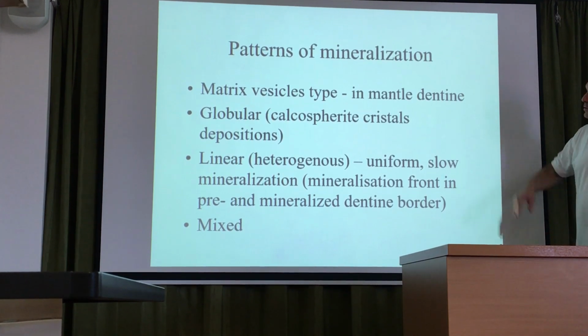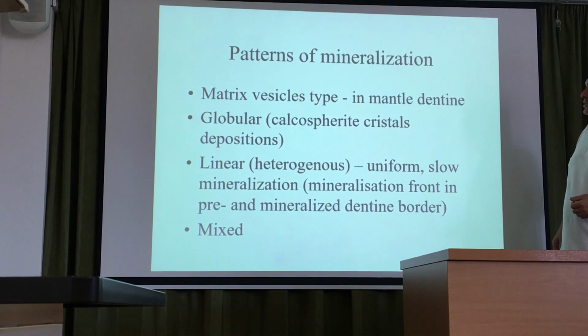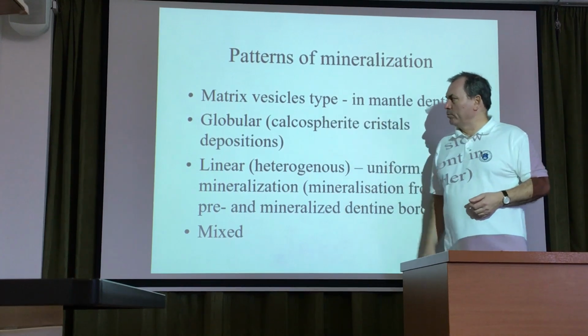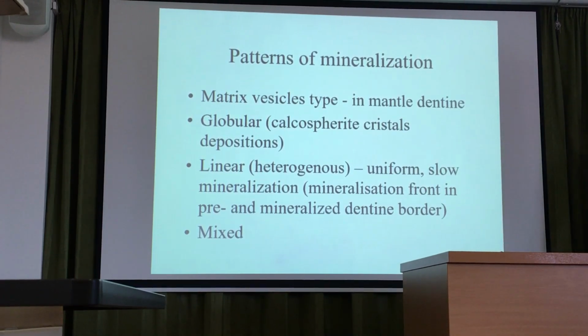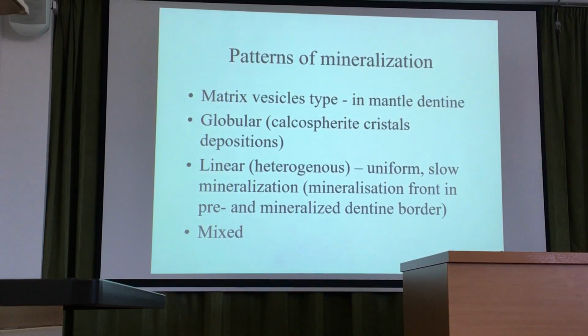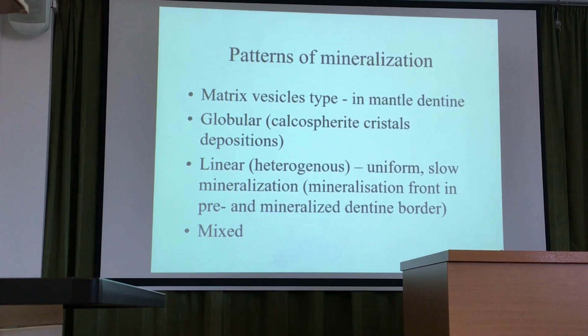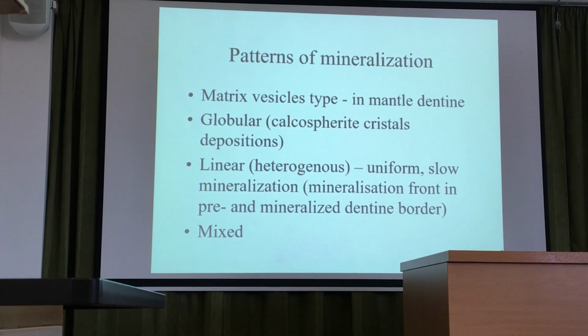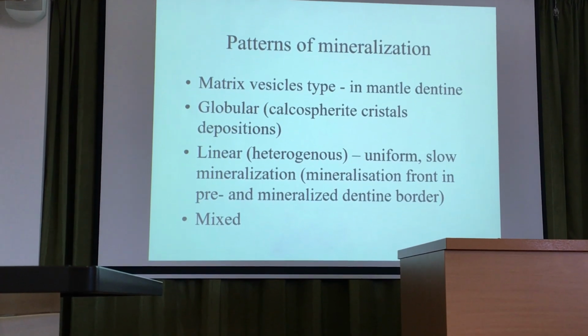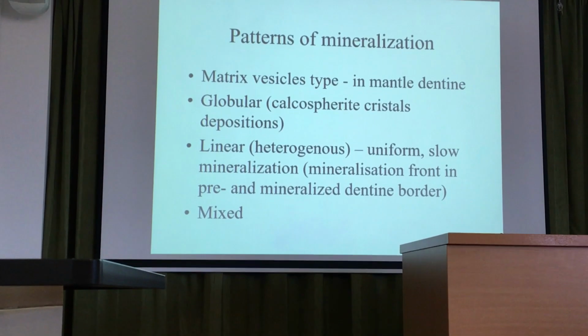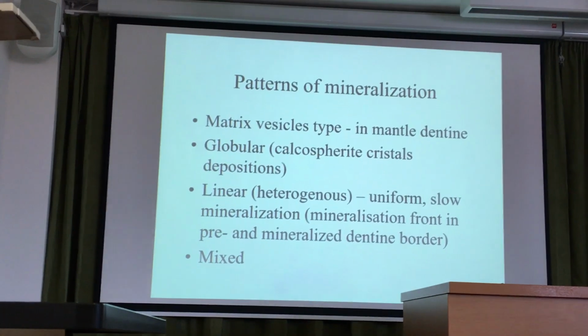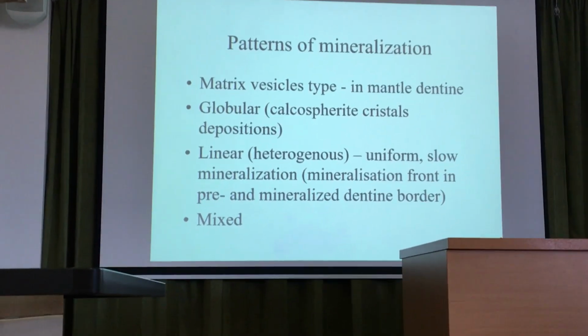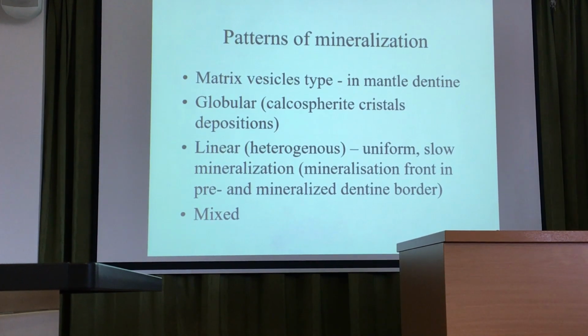In the tooth, we have different mineralization. We have the vesicular mineralization only in the beginning, in the mantle dentin. I mentioned these vesicles are cut off from the processes of the odontoblasts and tear up in the extracellular matrix, pouring the content, calcium phosphate and mineralized content, into the extracellular space.